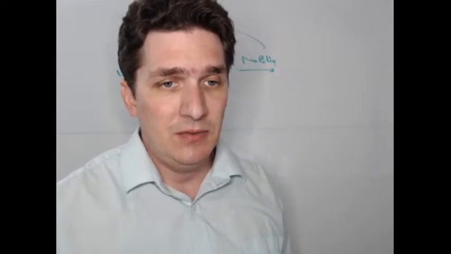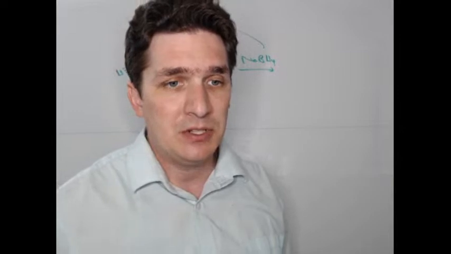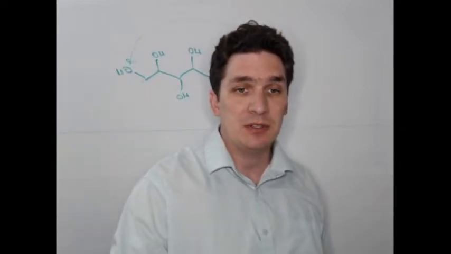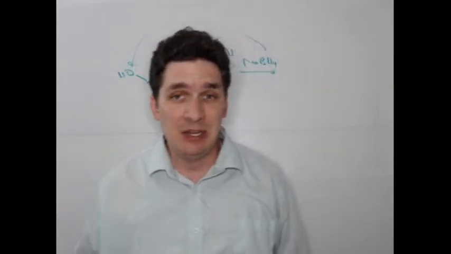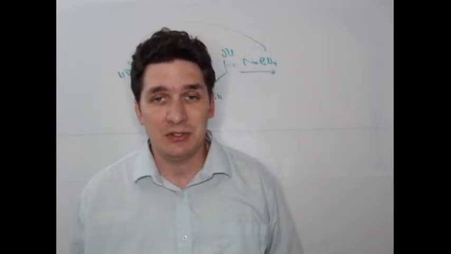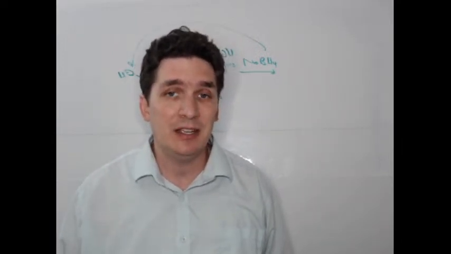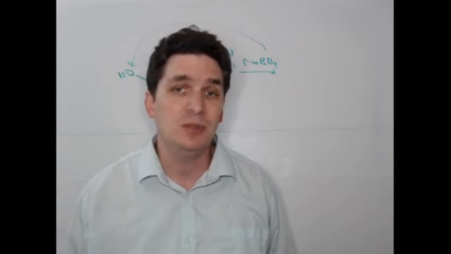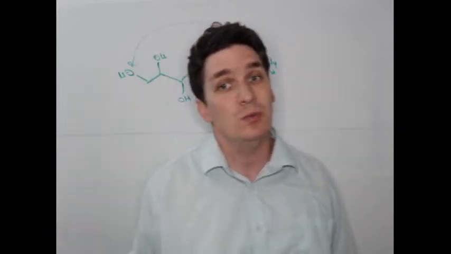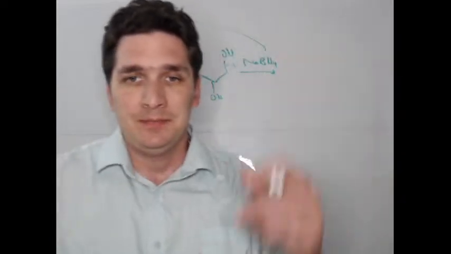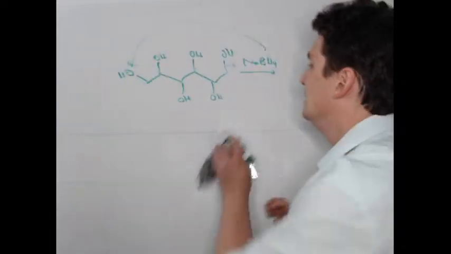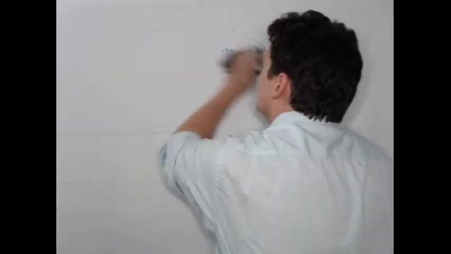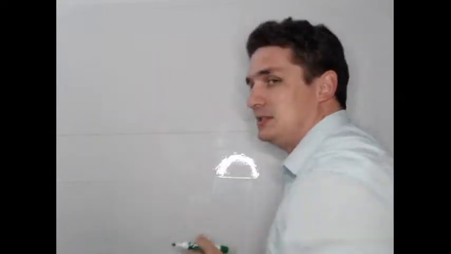For E versus SN and 1 versus 2, will we pay more attention to the dielectric constant if it's protic or aprotic? So here's a fun fact. It cannot be a protic solvent and also have a low dielectric constant. So if you see a protic solvent, it is automatically going to favor the unimolecular pathway, so SN1 or E1. Especially if it's in water. If it's in water, it's definitely going to go through the 1 pathway.